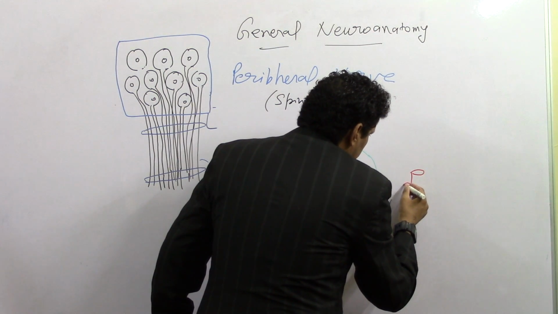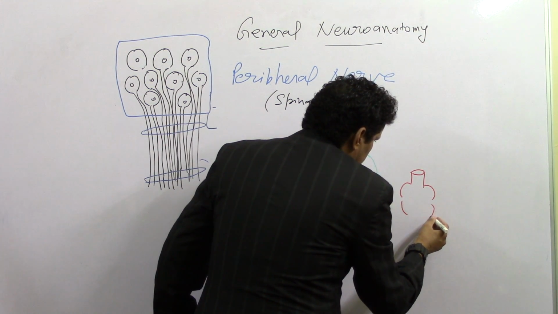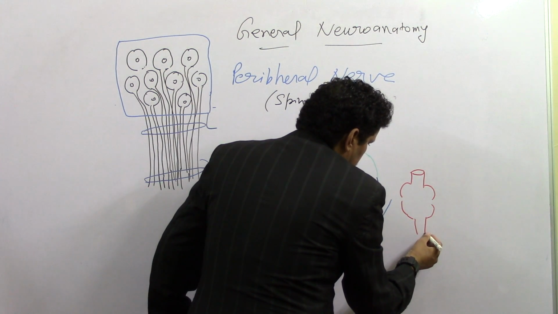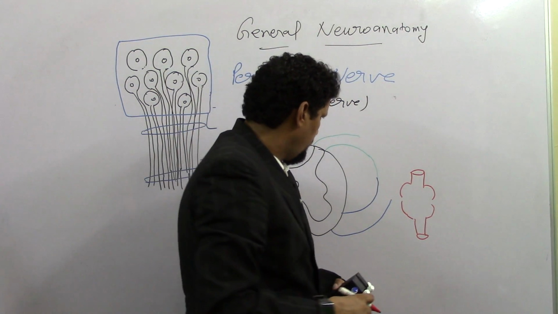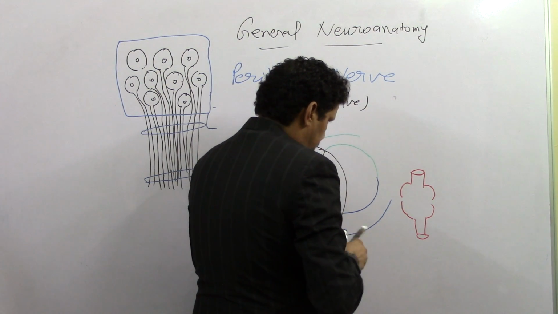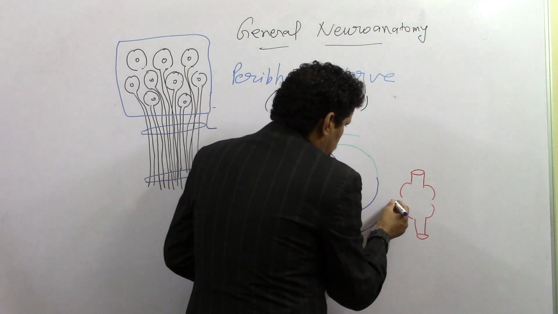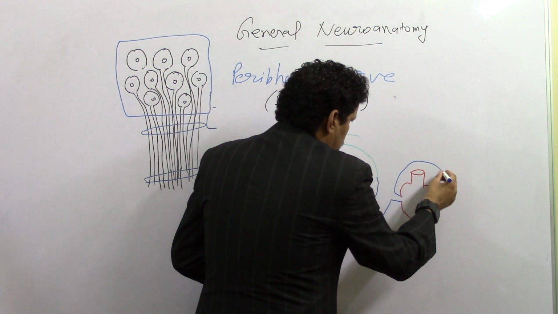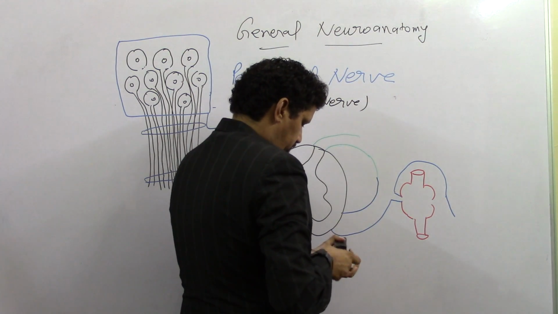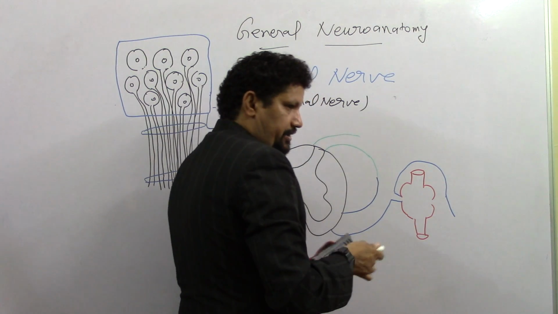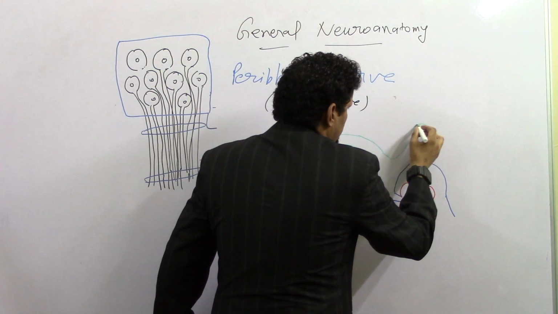Here is the sympathetic ganglia and sympathetic trunk, running on both sides of the vertebral canal. And here is the dorsal ramus.